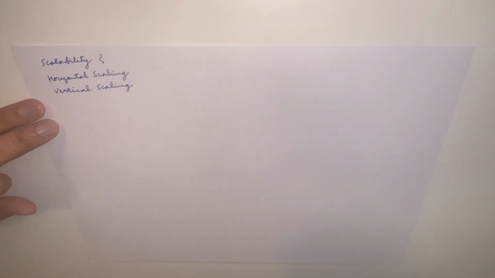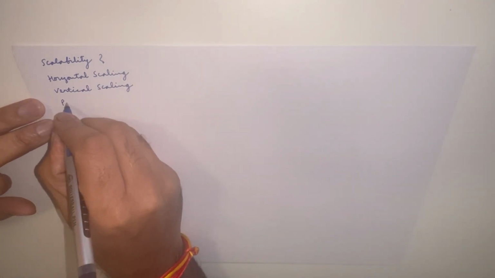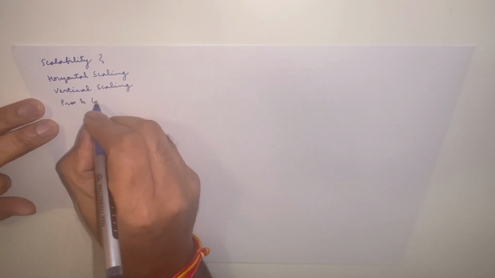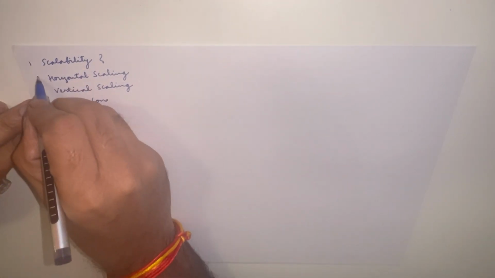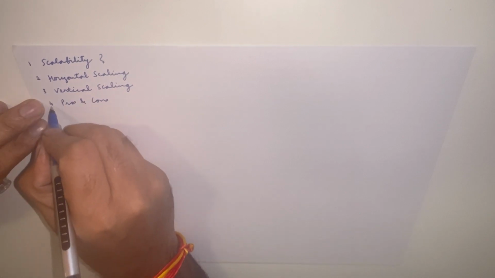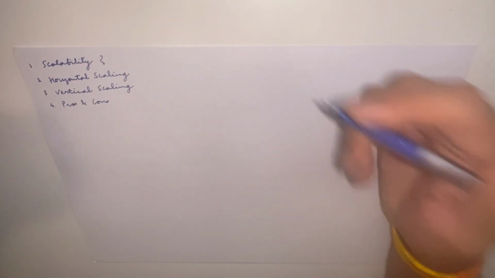Once you have understood both the concepts, we'll go over the comparison between these two scalings, the pros and cons for each type. Those are the 4 things that we are going to cover in this topic. So stay tuned and keep watching.